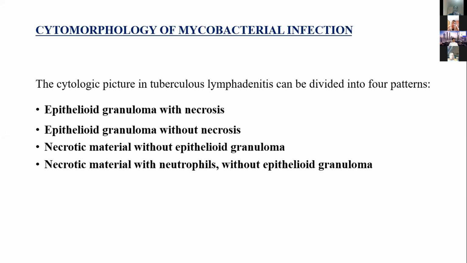Now, there are various cytological patterns which we can see in mycobacterial infection. So this includes the epithelioid granuloma with necrosis, which means that when we stain the aspirate and look at the cytomorphological features, we can have epithelioid granulomas along with necrosis.